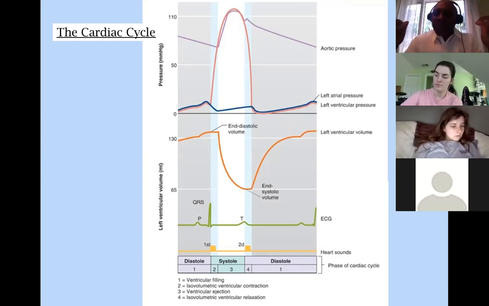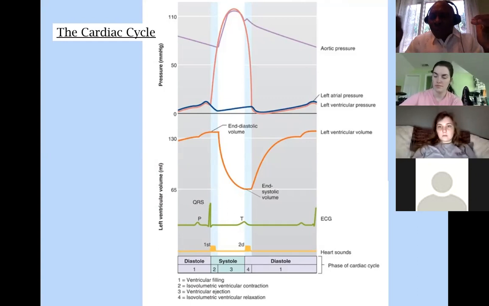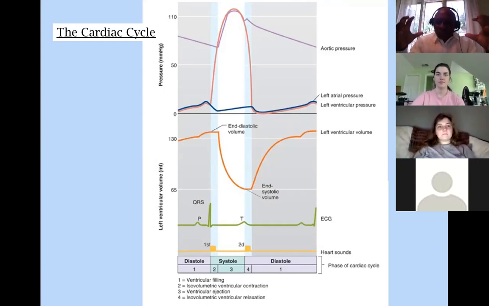When the demand for oxygen in the cells, especially the skeletal muscle, goes up, the stroke volume changes depending on the oxygen demand. So the stroke volume is a dynamic volume.